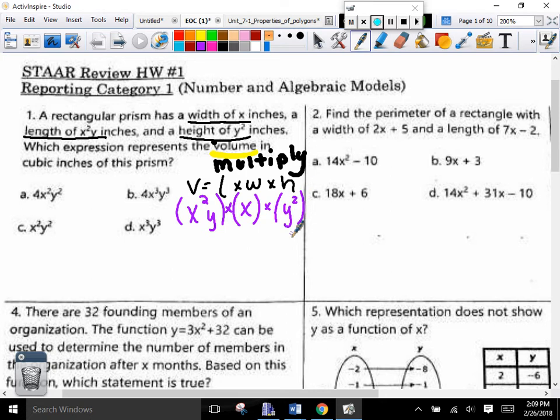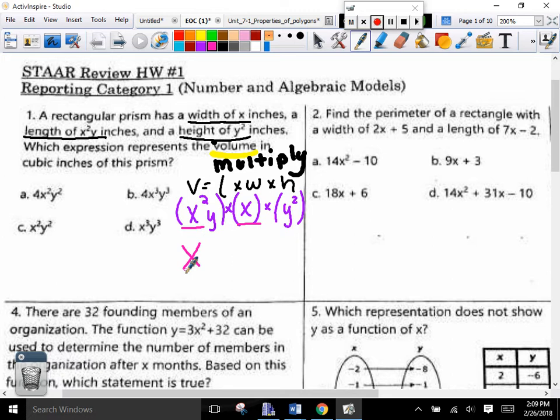We're going to use our knowledge for multiplying exponents. What we look for is our bases. Bases are any letters that are the same. So I have x and x. I'm going to put as my answer x. That's going to be my first variable.